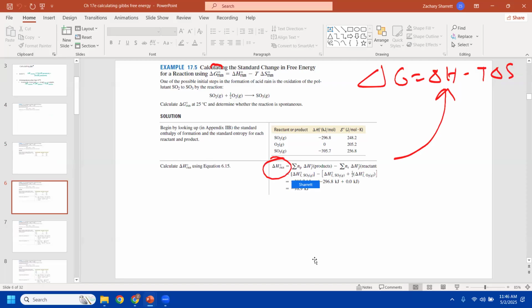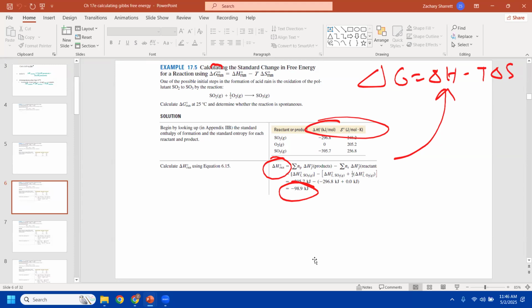So we use the heats of formation. This would be a problem from Gen Chem 115A, so this is what you would have done last semester if you took it with Perry. You add up all the products, you subtract all the reactants, and would we say that this is an exothermic or endothermic reaction, honey? Delta H is negative.